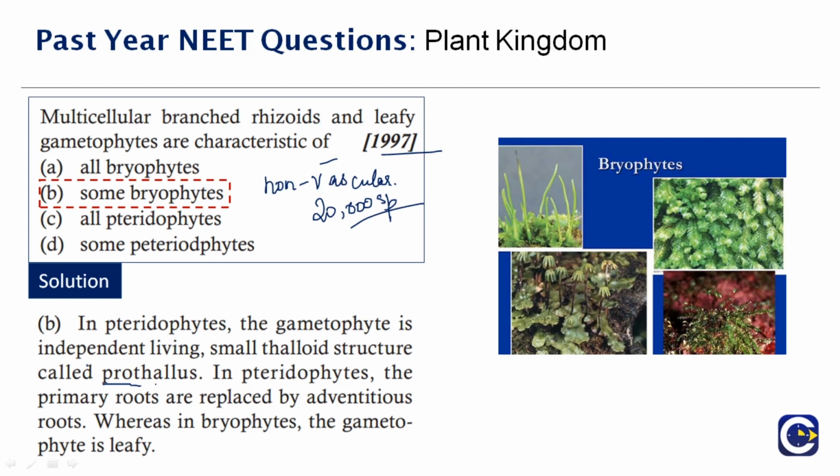As I already said, these rhizoids help fix nitrogen, oxygen and carbon, different sources which help the plant grow and survive and grow healthier. So this is not a feature present in every bryophyte. It is present only in certain bryophytes. Therefore, the correct answer to this question is option B, some bryophytes.